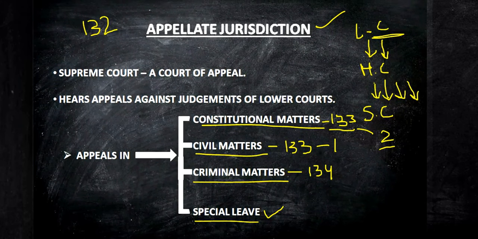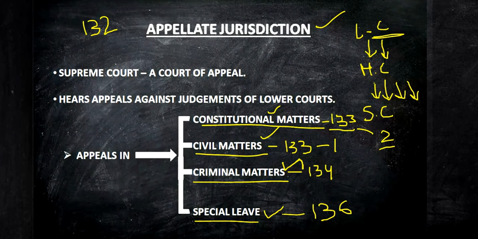Is it clear? Now this particular appeal by special leave has been mentioned in Article 136. Okay, under Article 136 this appeal by special leave has been mentioned, and Article 136 explains that if any case does not fall under the constitutional matter, does not fall under the category of civil matters, and it even does not fall under the category of criminal matters.